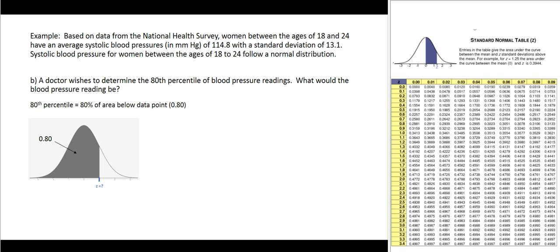And we have this whole entire half plus that little shaded area. So let me go back here. We need this whole entire half plus from 0 all the way to our z-score. So really, if this is half, if we want this whole thing to be 80%, we're really only looking for 30% or 0.30.